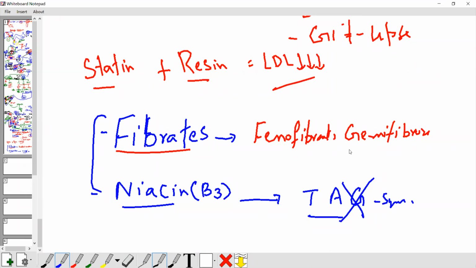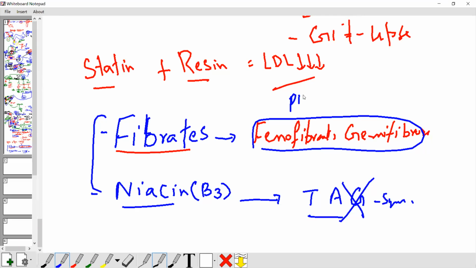Now the fibrate, how does the fibrate work? The fibrate works on one receptor, PPAR, peroxisome proliferator-activated receptor. P for peroxisome, P for proliferator, A for activated, R for receptor.